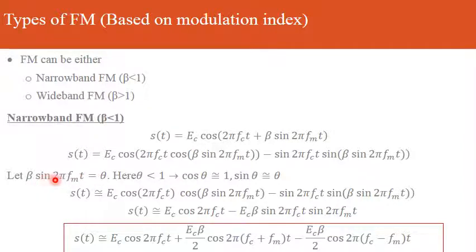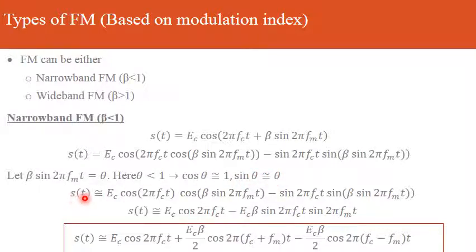Let β sin 2π fm t be theta. For ease of analysis, theta is less than 1, hence cos theta can be approximated to 1 and sin theta can be approximated to theta.